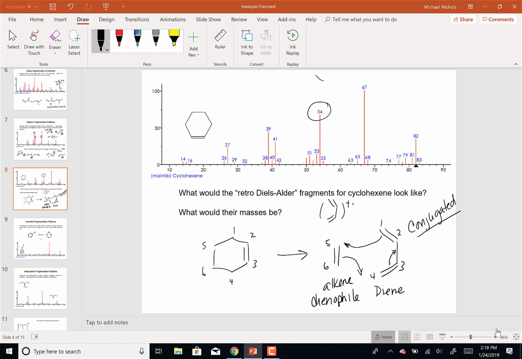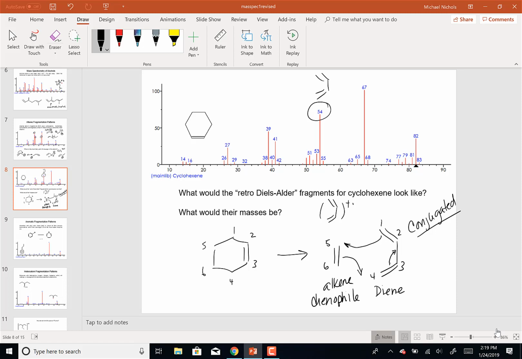And then the alkene will be a C2, so that's 12, 24, 25, 26, 27, minus 1.